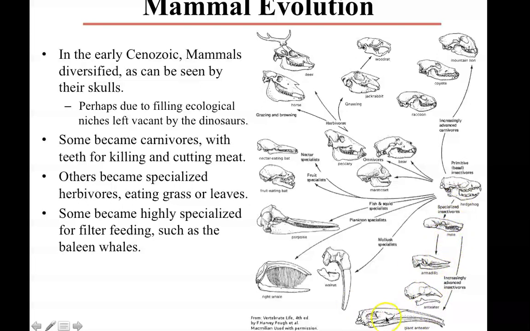So this is an anteater skull, and anteaters are good at catching ants with their tongue. So as mammals diversify, they specialize in different foods, whether that's eating other animals, or eating grass, or eating fruit, or eating fish, or eating mollusks. So as the mammals specialize, we see that show up in their anatomy and their physiology.